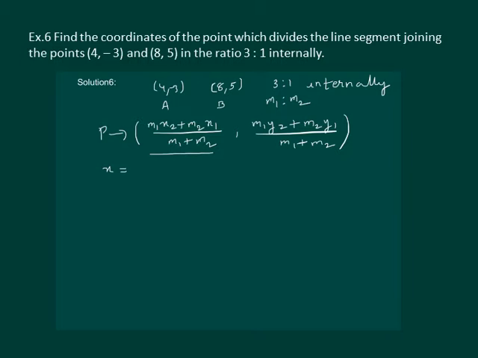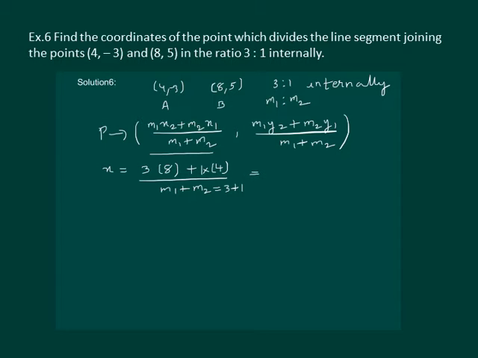We have m1 as 3, x2 is 8, m2 is 1 and x1 is 4 whole divided by m1 plus m2, or basically 3 plus 1.